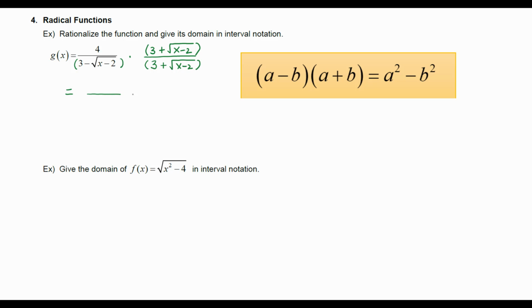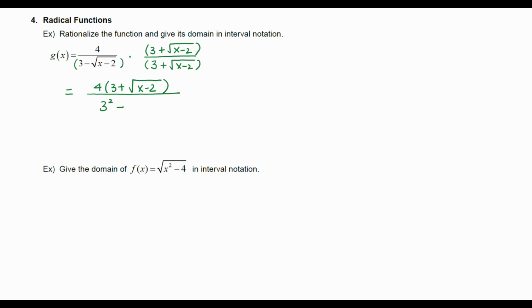So I'm going to get 4 times 3 plus square root of x minus 2 on the numerator, and in the denominator, when I multiply them using special product, I will get 3 squared minus the square root of x minus 2 squared. But when you square the root, you will get 9 minus x minus 2, and we will give a domain so that this quantity does become positive.